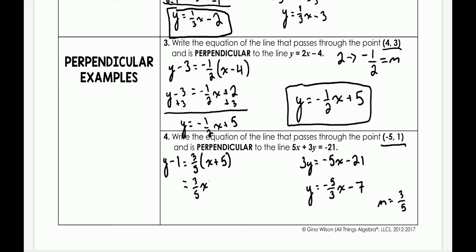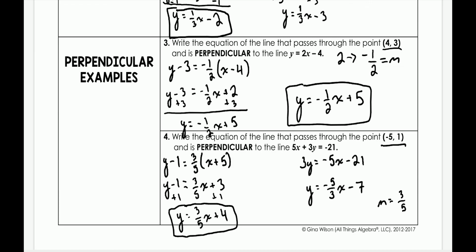And then 3 over 5 multiplied by 5 would just be 3. We're left with y minus 1. In order to change this into the y equals mx plus b form, we're going to add 1 to all sides, leaving us with y is equal to 3 over 5 x plus 4. And that is going to be the equation for the perpendicular line to the given line.